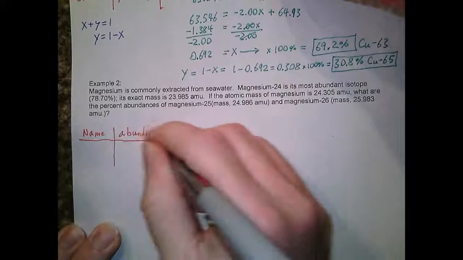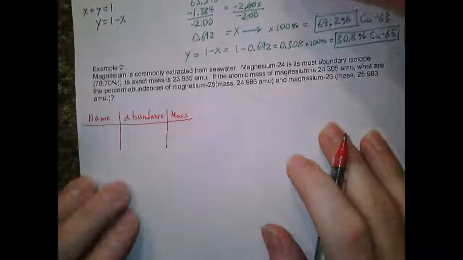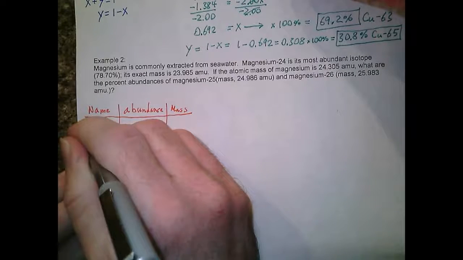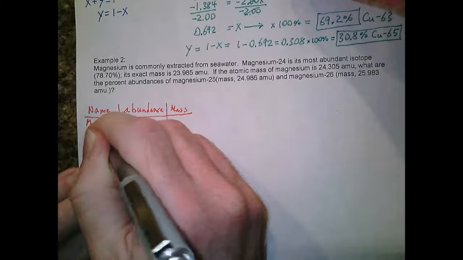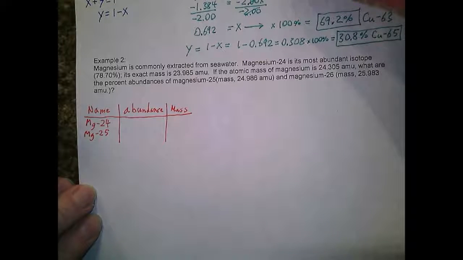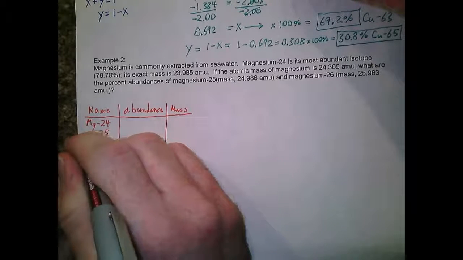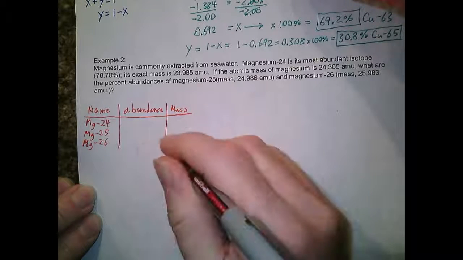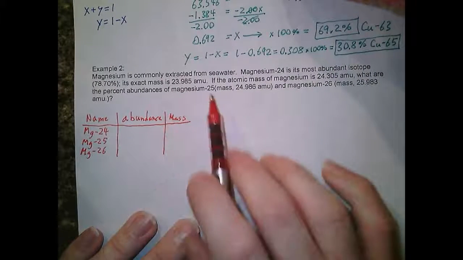This time we actually have 3 isotopes. We have magnesium 24, magnesium 25, and magnesium 26. Okay. We know the masses of all 3, so let's get those down.